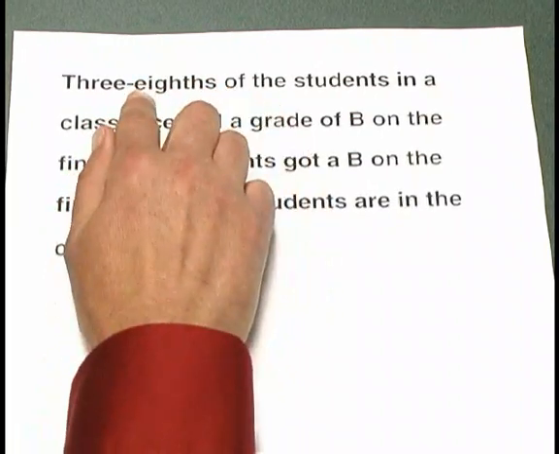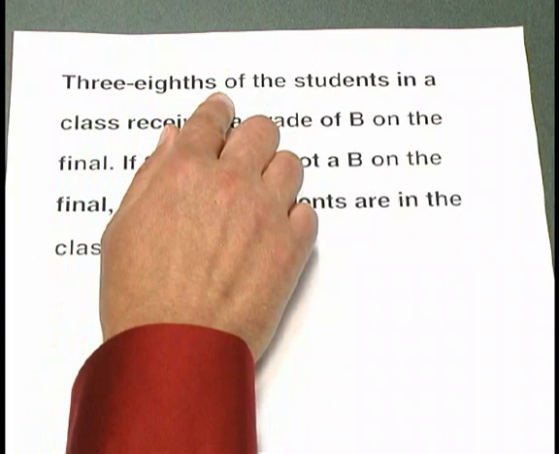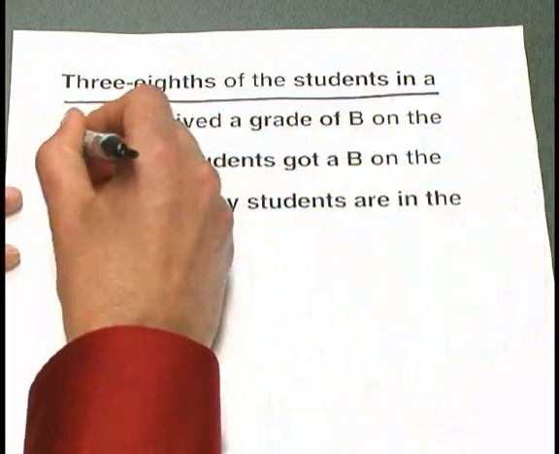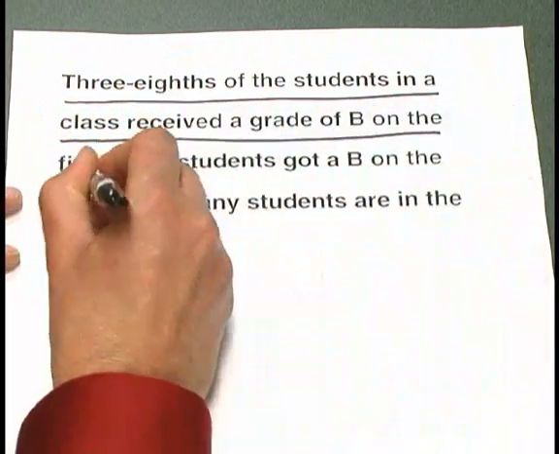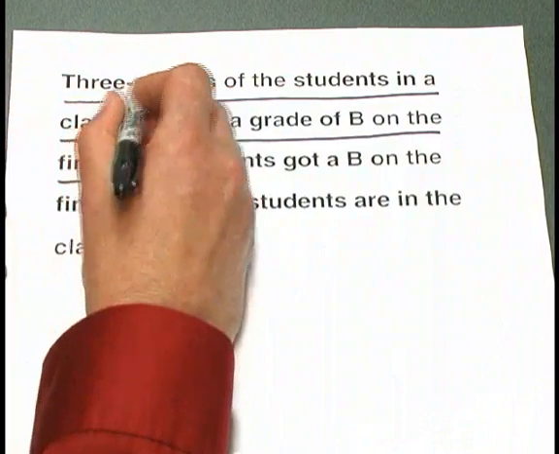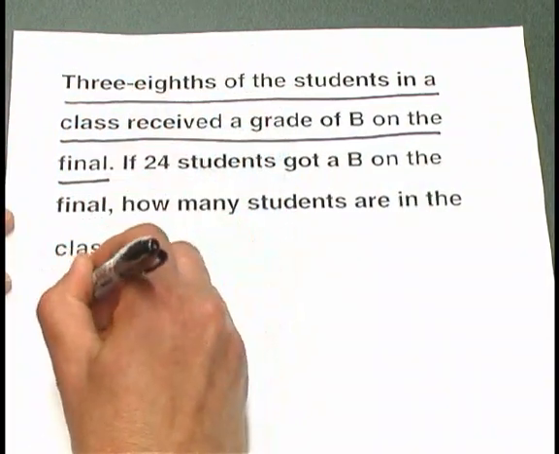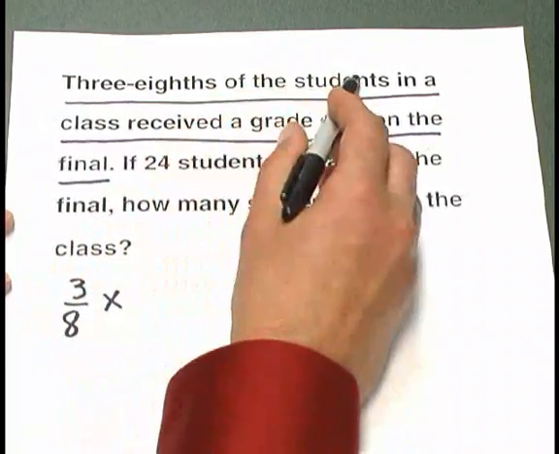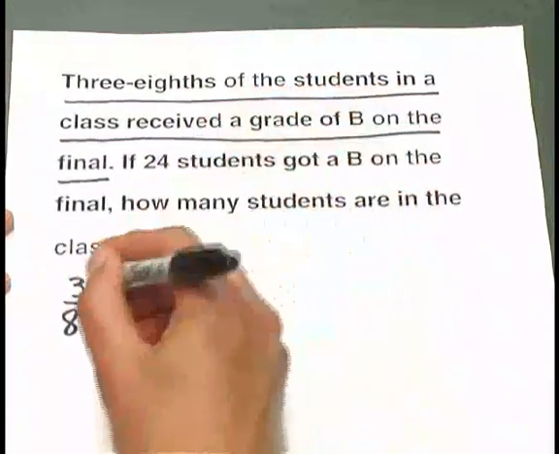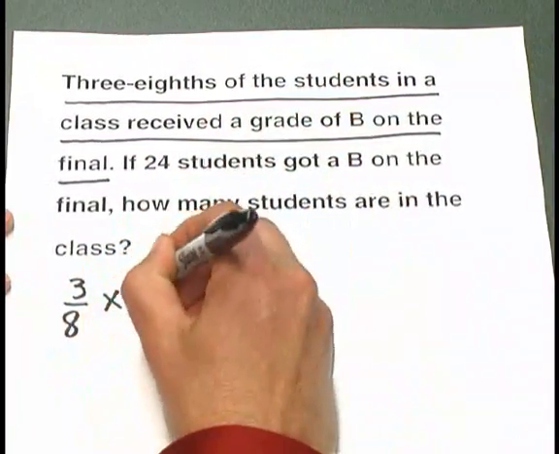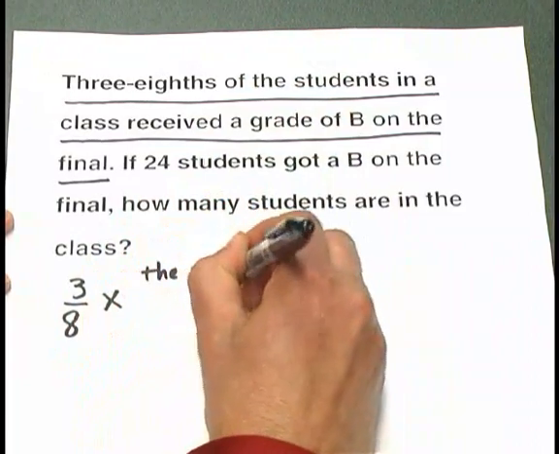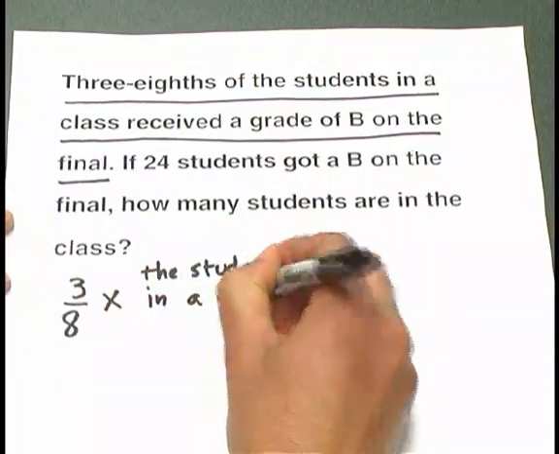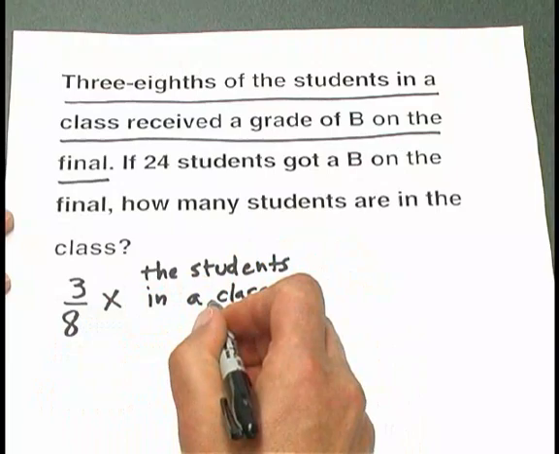Fraction of, or in this case 3/8 of, is often a clue that indicates the important sentence I can use and translate into a word equation. 3/8 of, I can write as 3/8 times. 3/8 of the students in a class, that's 3/8 times the students in a class. Now I have 3/8 times a quantity.